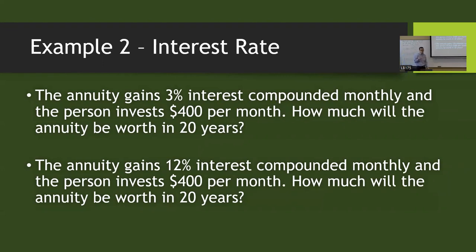That's a times 4 factor, right? So your interest rate has multiplied by a factor of 4. What's going to happen when we look at those end amounts? And we're going to do this for 20 years. So putting away $400 per month.